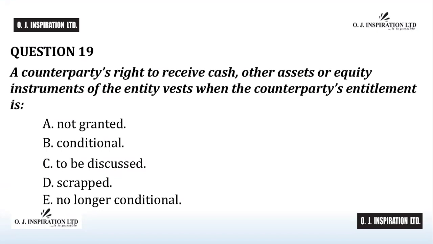Question number 19. A counterparty's right to receive cash, other assets, or equity instruments of the entity vests when the counterparty's entitlement is A. Not granted, B. Conditional, C. To be discussed, D. Scrapped, E. No longer conditional.